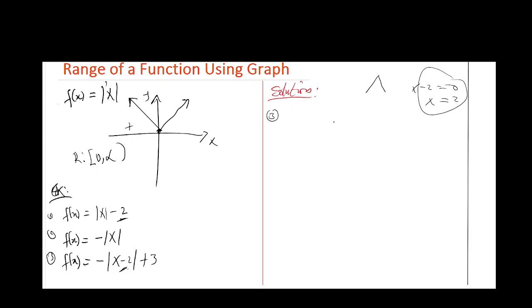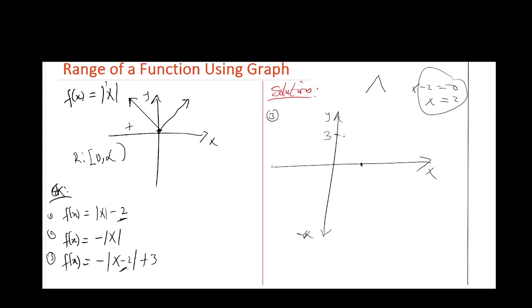How do we now sketch the graph of this function? If we have our x-axis, our y-axis, and our negative infinity, let's take 3 to be somewhere here on the y-axis, and we have that our x is 2, meaning we can have our 2 somewhere here.